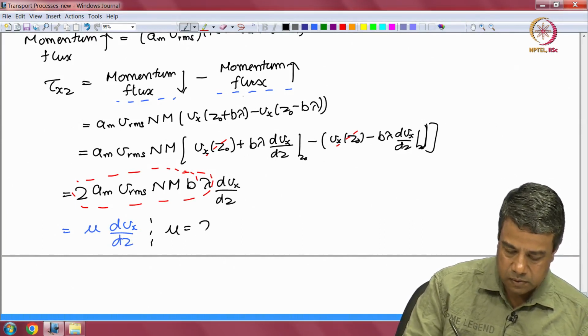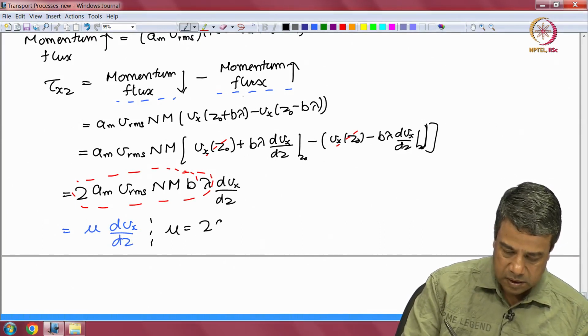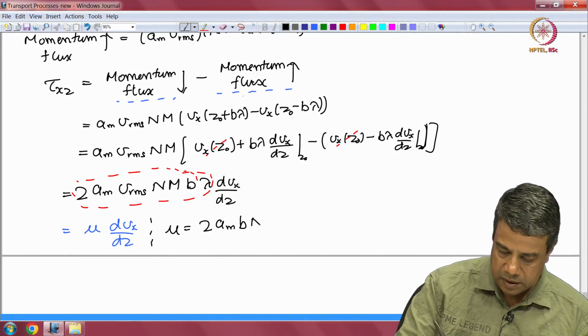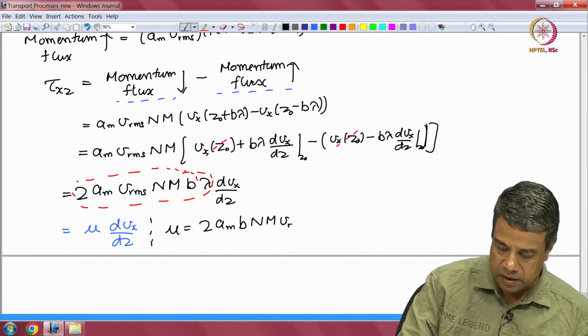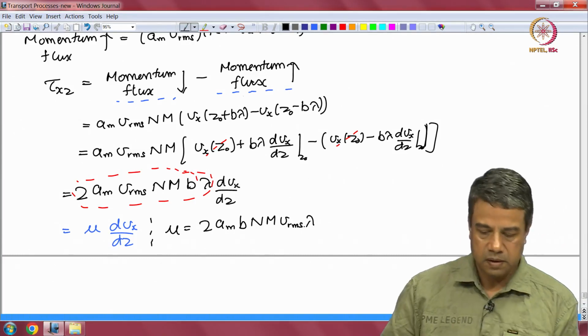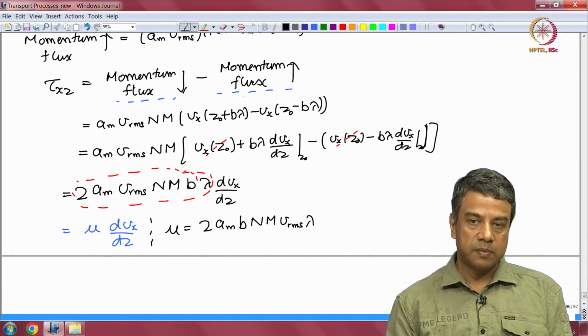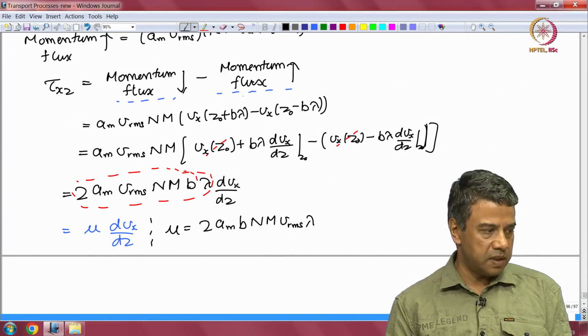Mu is equal to 2 Am b n m Vrms lambda. That is the viscosity coefficient to within some order 1 dimensionless factors Am and b.